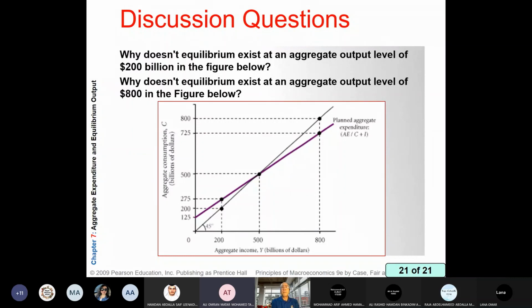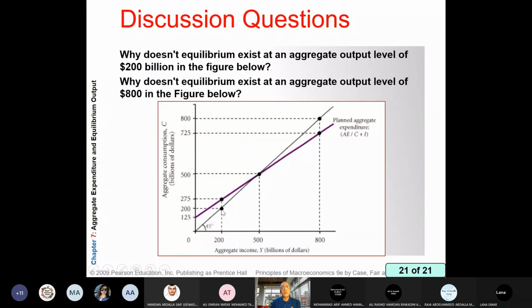Why doesn't equilibrium exist at an aggregate output level of 200 in the figure below? Okay, so we explained this, but again, at 200 aggregate output, planned aggregate expenditure is greater, 275.